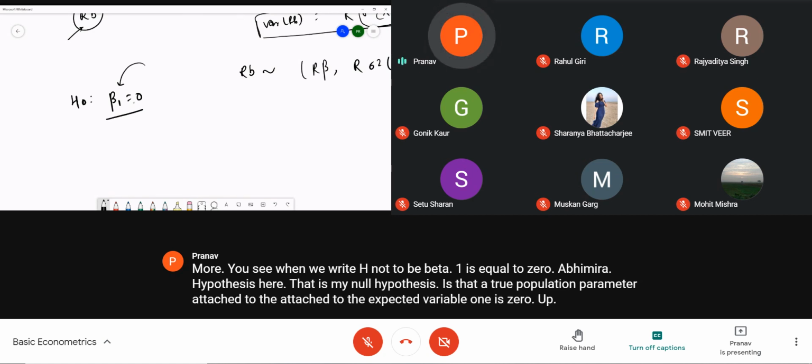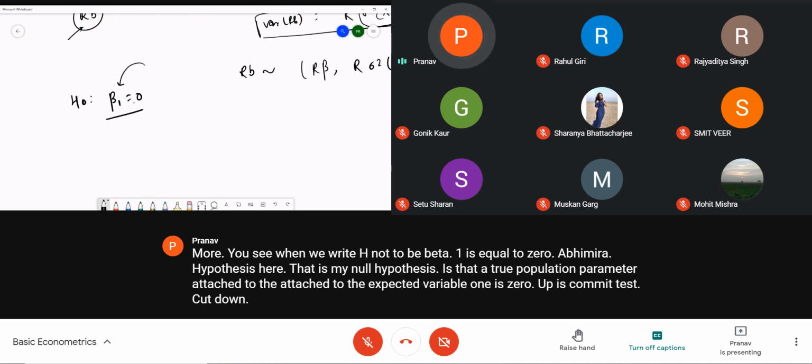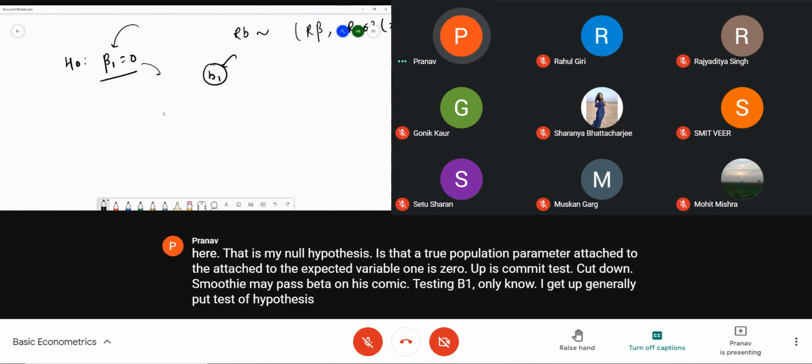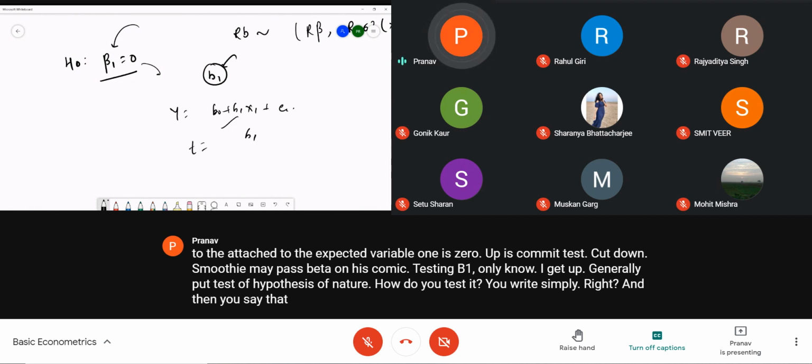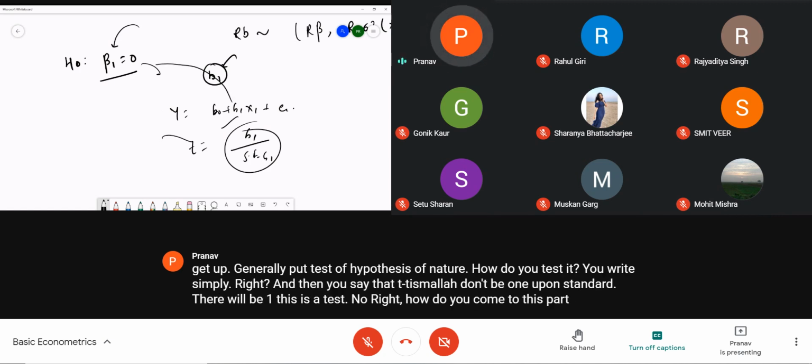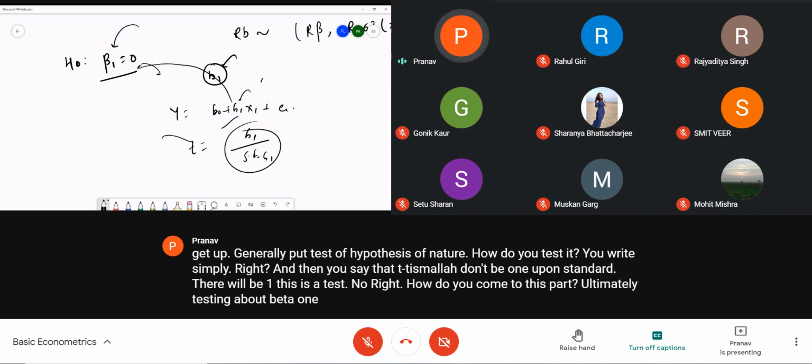Now I test this, I will test beta 1 using b1 only, no? If you have done some testing of hypothesis, how do you test it? You write simply, and then you say that t test, I apply b1 upon standard error of b1. This is how you test, no? Yes, sir. Right? How do you come to this part? Ultimately, you're testing whether beta 1 equals 0, not b1 equals 0. You understand this point?